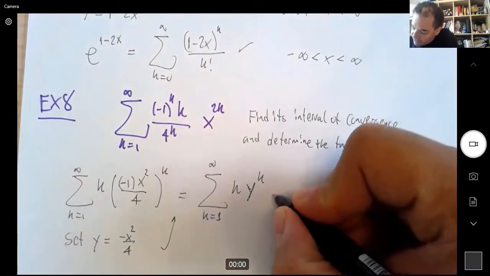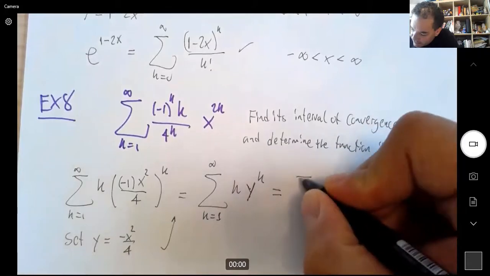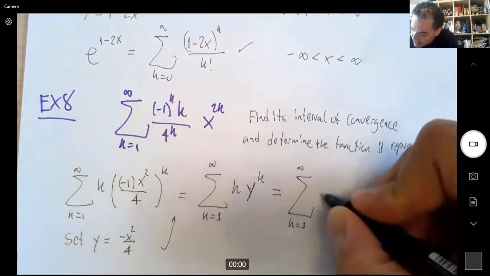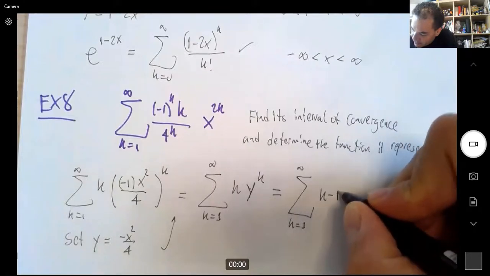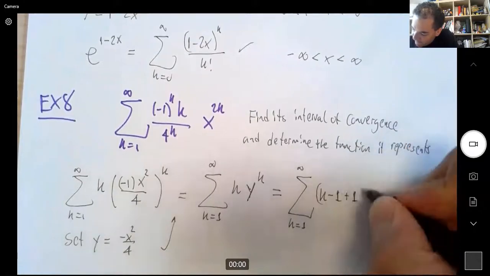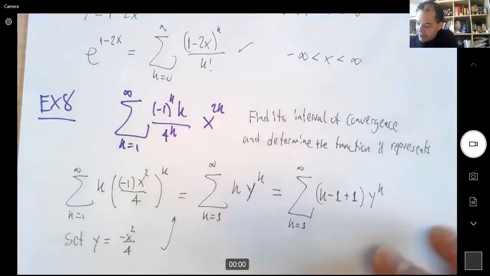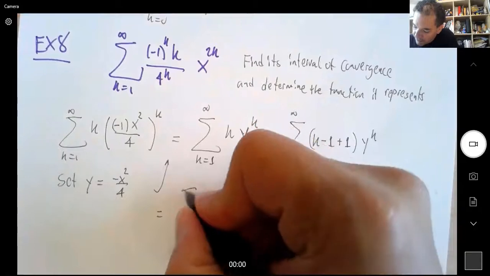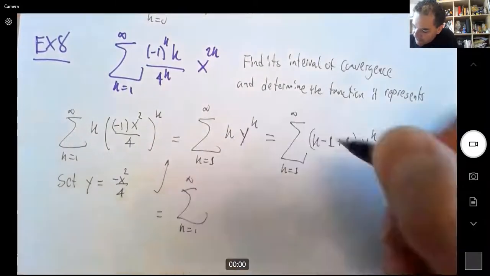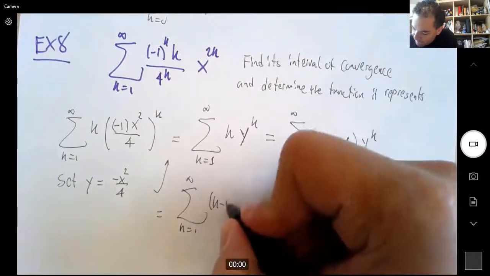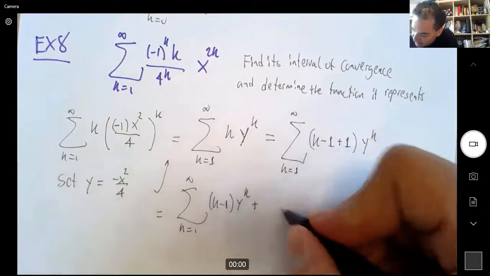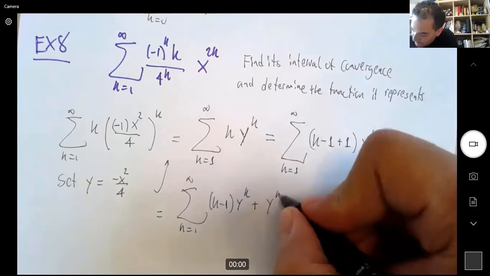So what if this was like this? What if I write it as k minus 1 plus 1? And then I separate it into two parts. One of them is k minus 1 times y to the k, and the other is simply 1 times y to the k.